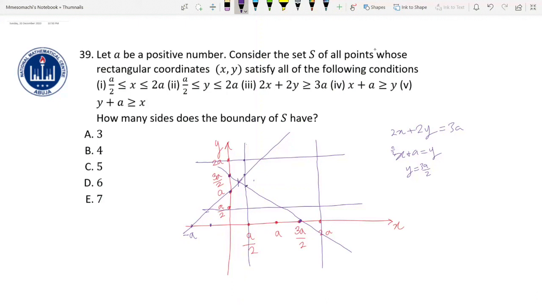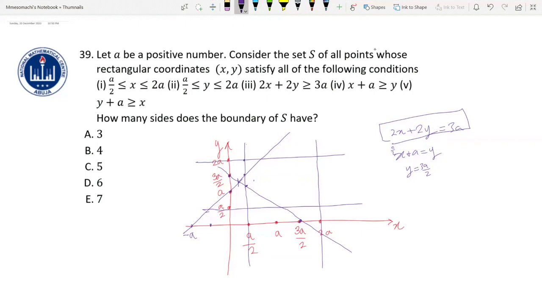That's when x is equal to a over 2 in 2x plus 2y equals 3a. So when x is a over 2, we have a plus 2y equals 3a, and hence y is equal to a. So these are just things we can check to be sure that our diagram is a good representative of what it actually should look like.